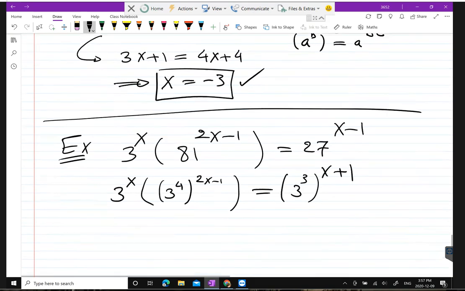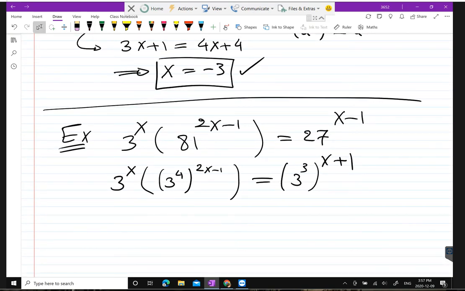Okay, now what you need is to carefully use the rules of products and powers. 3 to the power of x, and here 3 to the power of 4, then to the power of 2x minus 1. Therefore, it is 3 to the power of 4 times 2x minus 1.